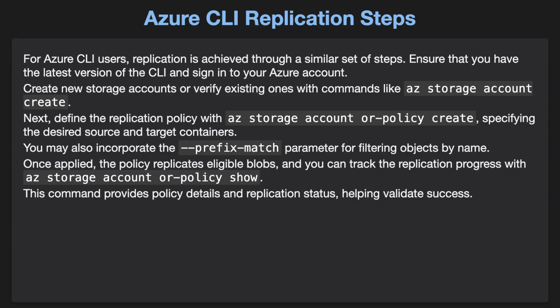You may also incorporate the prefix match parameter for filtering objects by name. Once applied, the policy replicates eligible blobs, and you can track the replication progress with az storage account or-policy show. This command provides policy details and replication status, helping validate success.